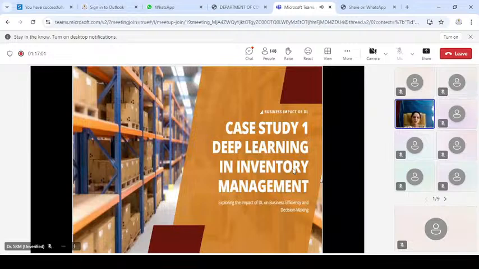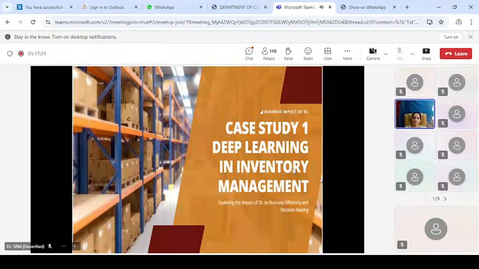Now comes into the picture our superpower DL. What is the role of deep learning in inventory management? Now it introduces advanced predictive capabilities by analyzing the large data sets. Yes, definitely it includes the past sales, historical sales, market trends, and the customer preferences, and even the external factors like weather conditions that would also be taken into consideration.